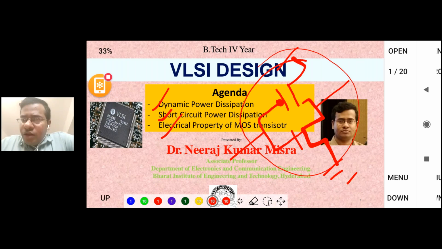Okay, so here, what is the dynamic power? This is the one concept we discuss in today's lecture. Now dynamic power, what is the meaning of dynamic? Dynamic means change, a change in the circuit. So what is the change in the circuit? Your input logic changes.